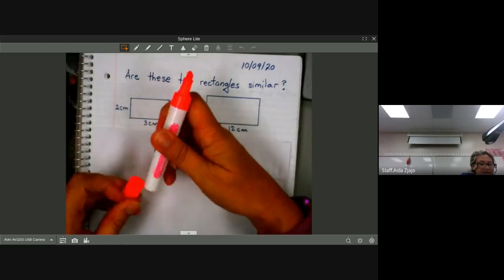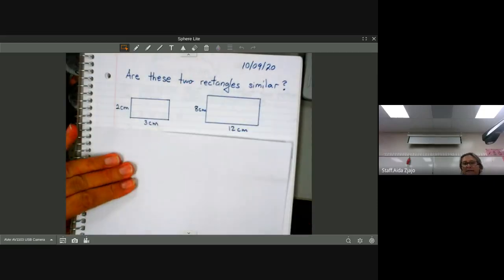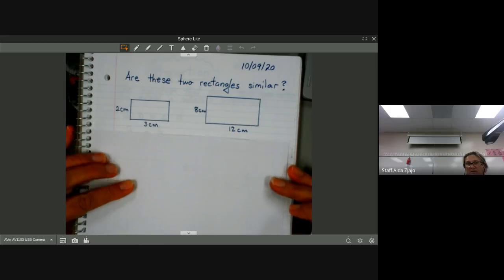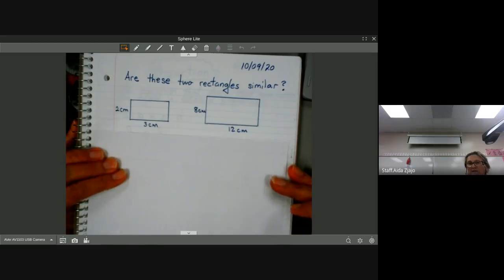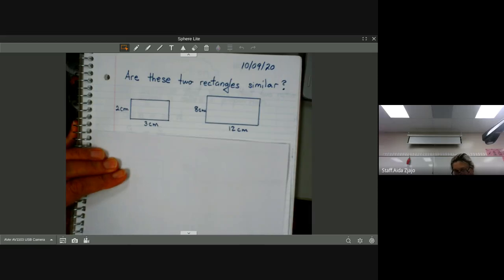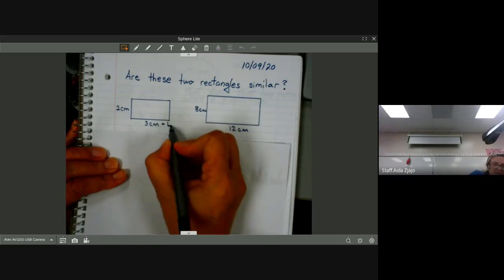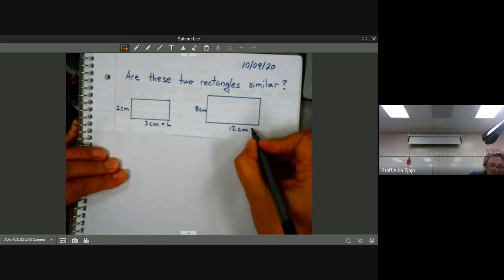Does that make sense? What you look at is the sides. So let me first have you write these. To the best of your ability, take notes, draw these two rectangles and write the values next to them. I'm going to show you that this will represent the length, and this is the width.